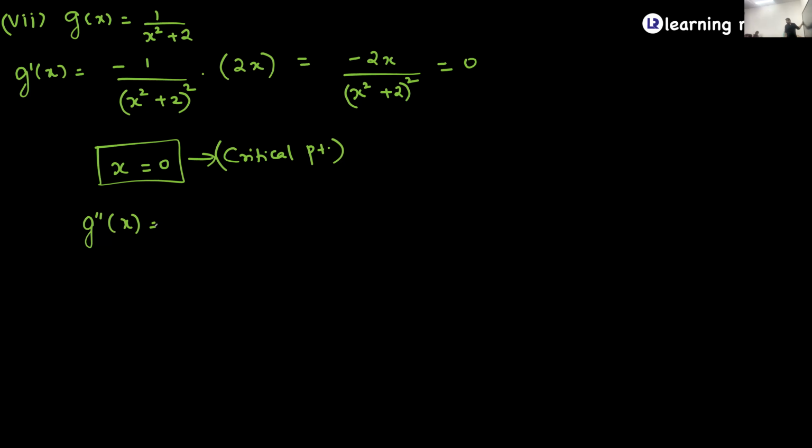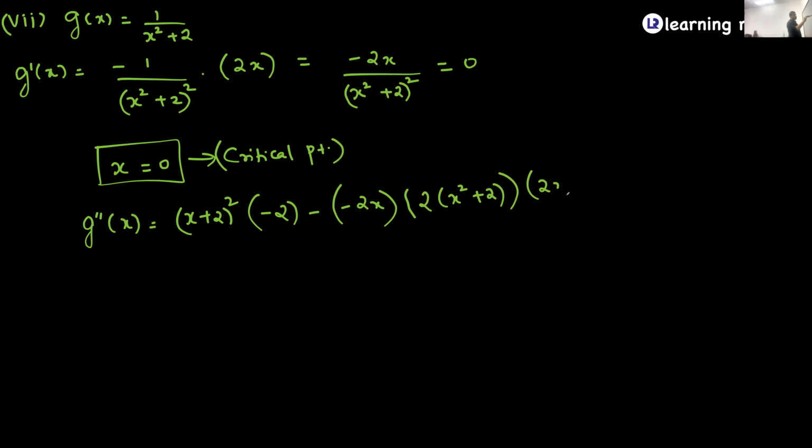So when this is the critical point, what is g double dash of x? Apply u by v rule. So it becomes x square plus 2 the whole square into derivative of minus 2x, which is minus 2, minus 2x into derivative of x square plus 2 the whole square, which is going to be 2 into x square plus 2 into 2x, the whole divided by x square plus 2 the whole power 4.